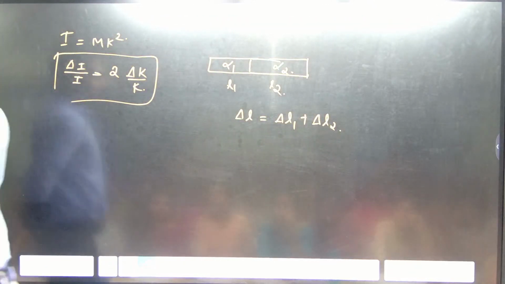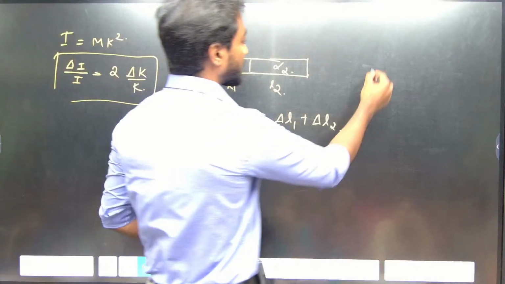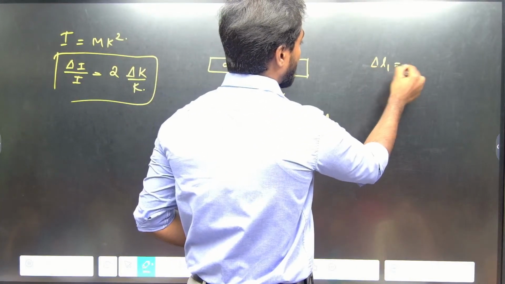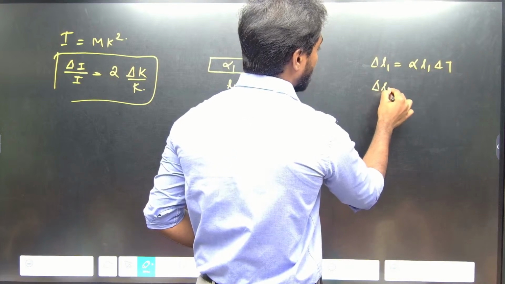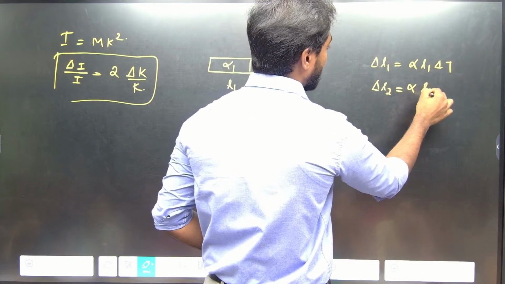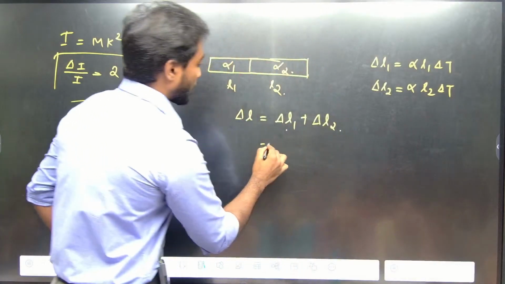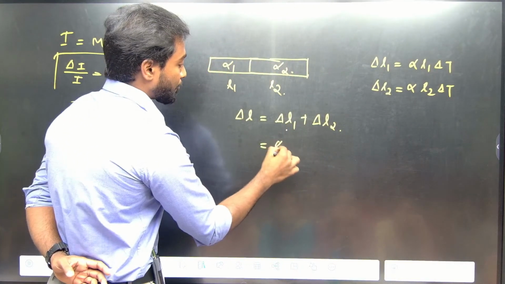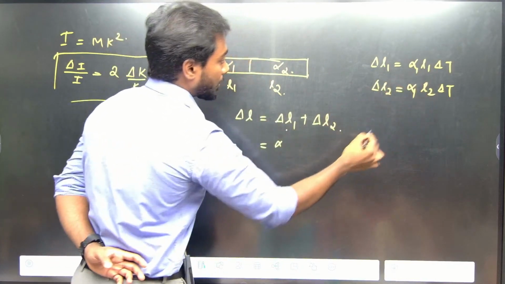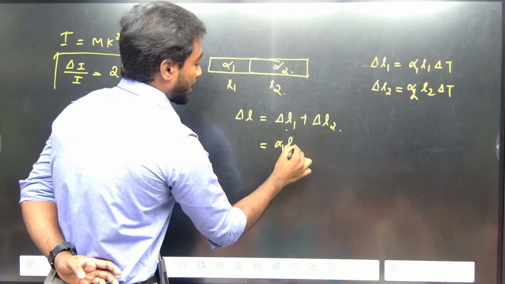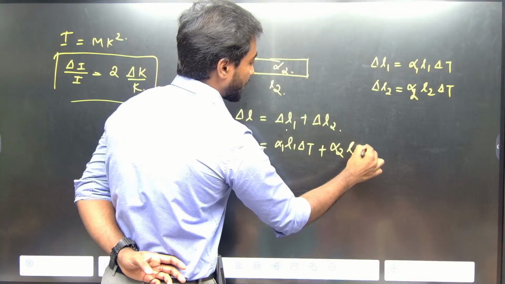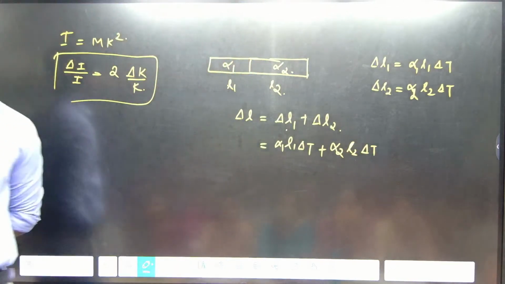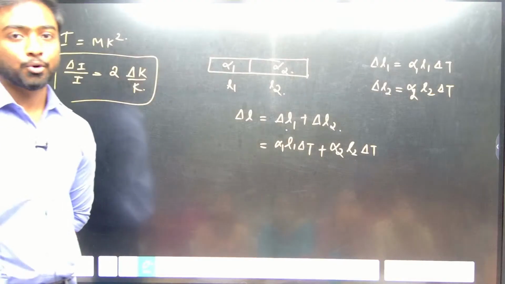So delta L1 will be equal to alpha 1 L1 delta T, and delta L2 will be equal to alpha 2 L2 delta T. So if I substitute the values, alpha 1 L1 delta T plus alpha 2 L2 delta T. This is the combination of two rods.